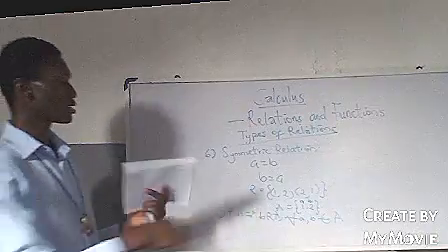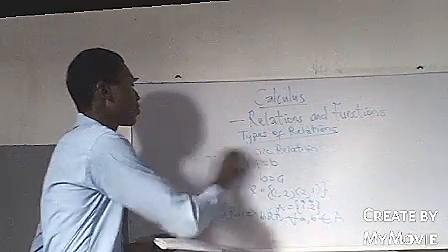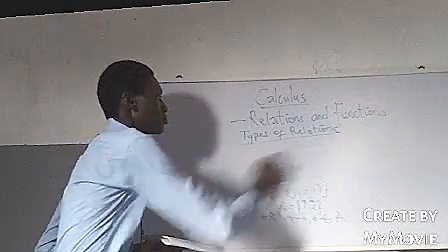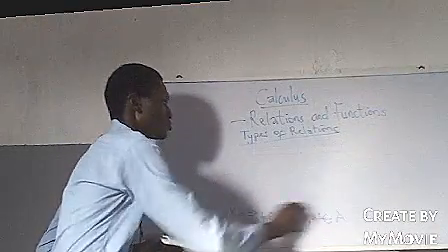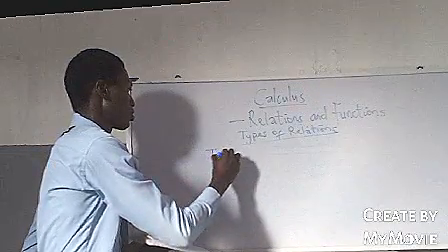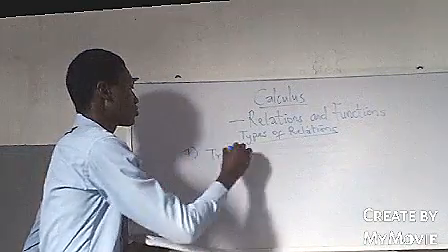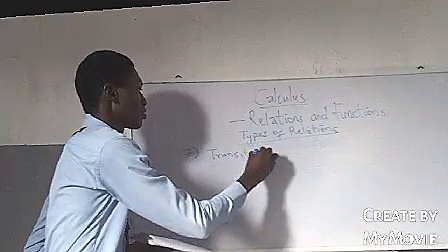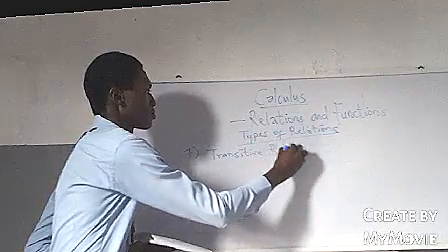So we now look at the last type of relation, and that is the transitive relation. That's number 7, transitive relation.